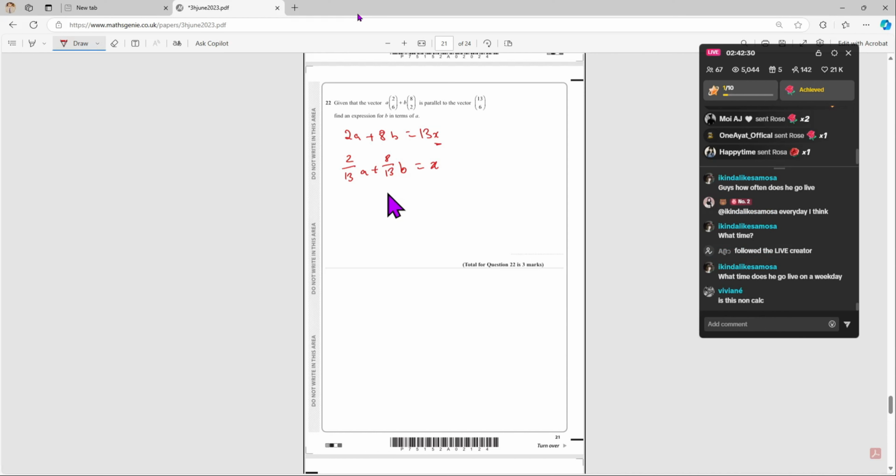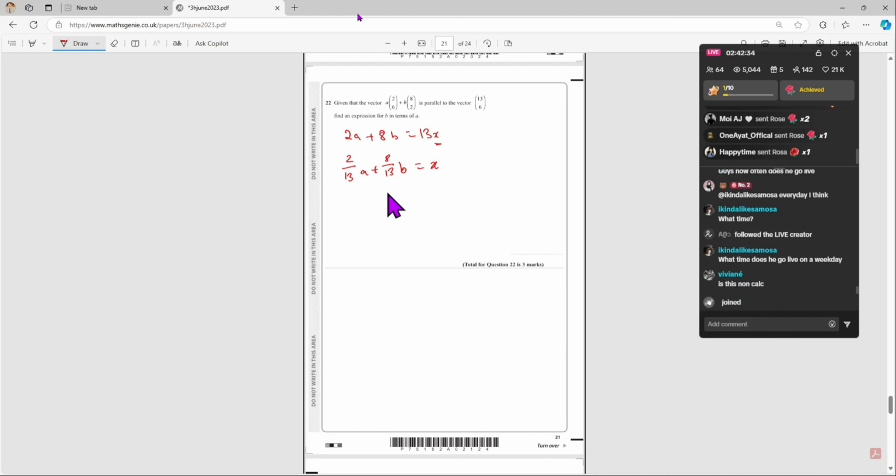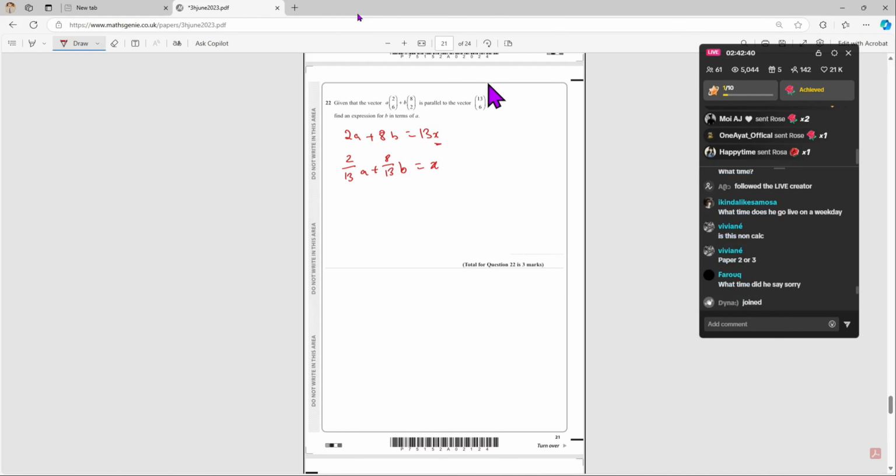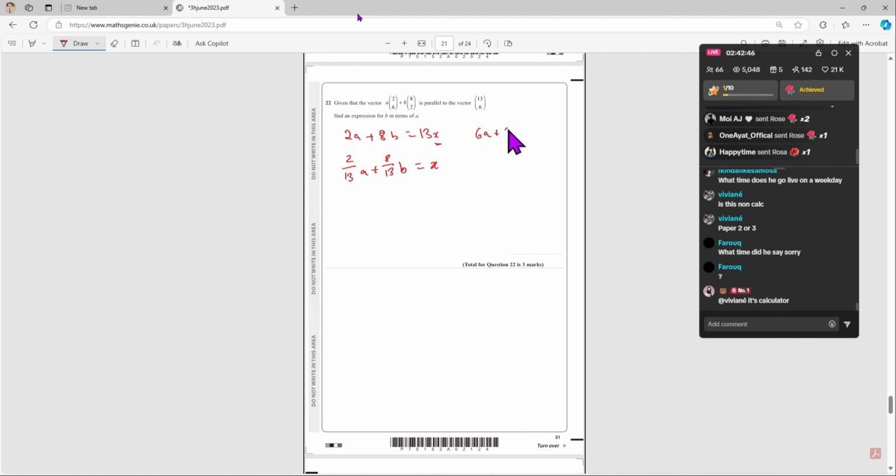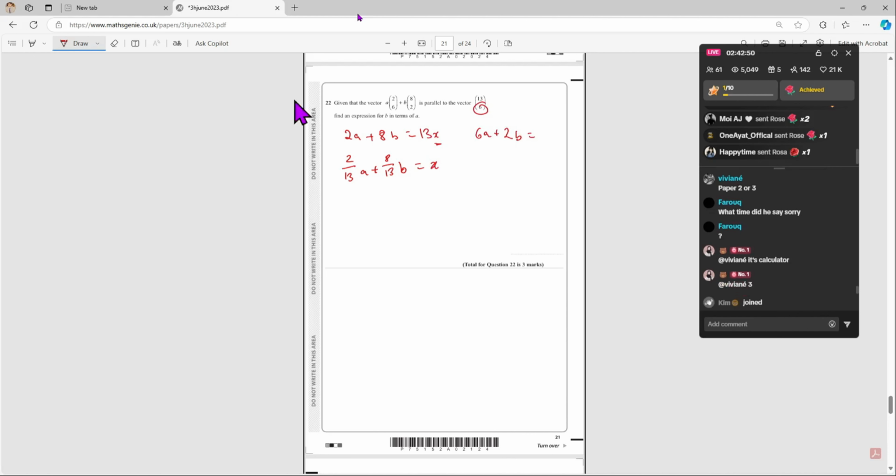So now once we got the value of x, we're going to do the same thing, but just for the bottom numbers. So we're going to have 6a plus 2b, which is equal to 6x over here.